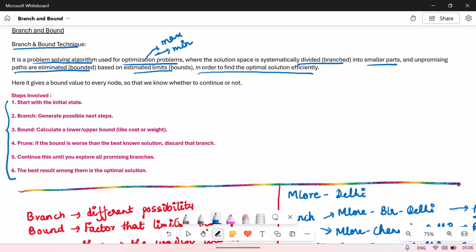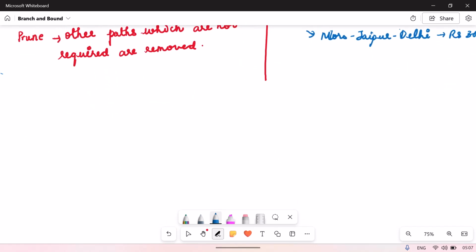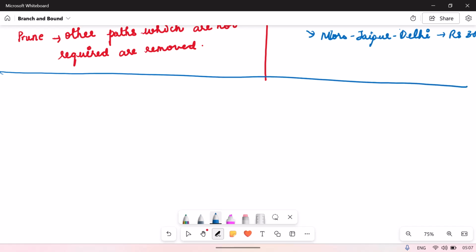If the branch you are finding right now is worse than your best solution, you will leave off that branch. Leaving that branch is called pruning or discarding. Then continue this until you explore all the promising branches, and the best result among them is the optimal solution. So you will have to learn that. Now let us go to an example.